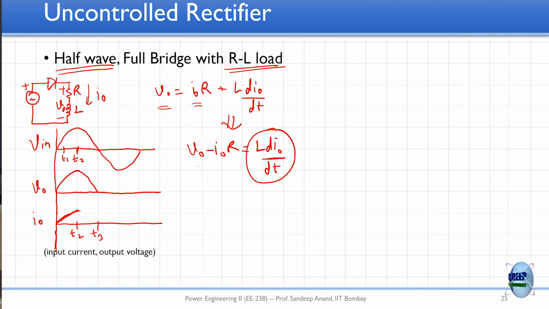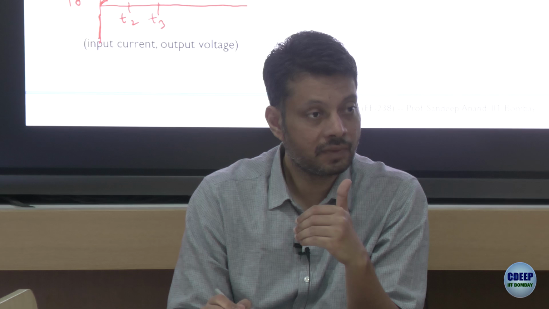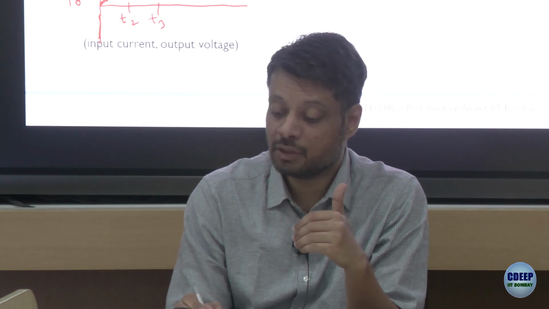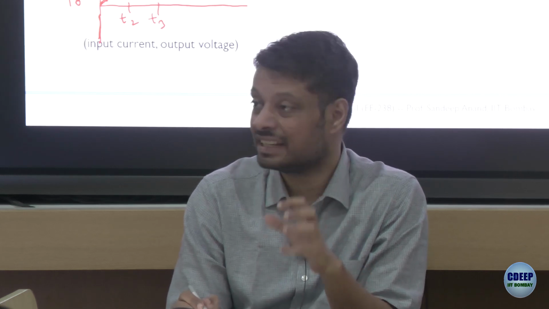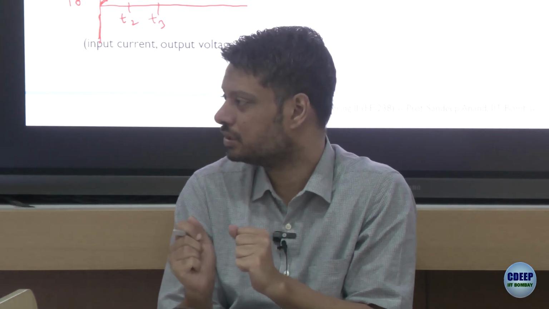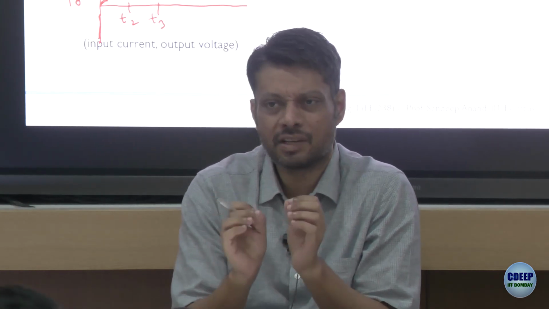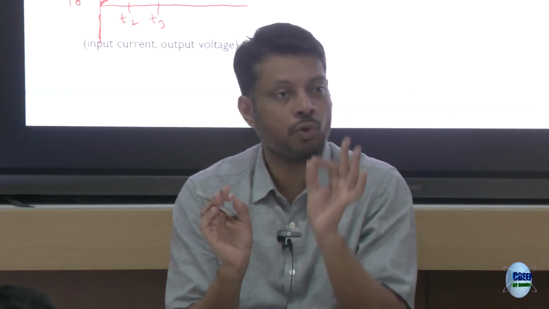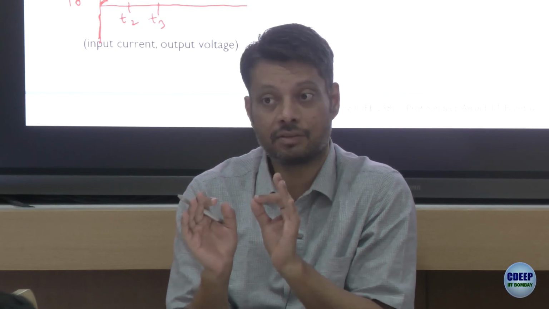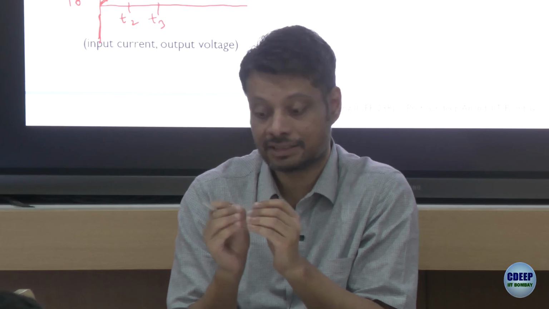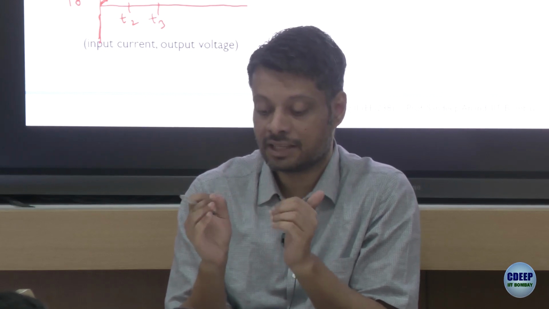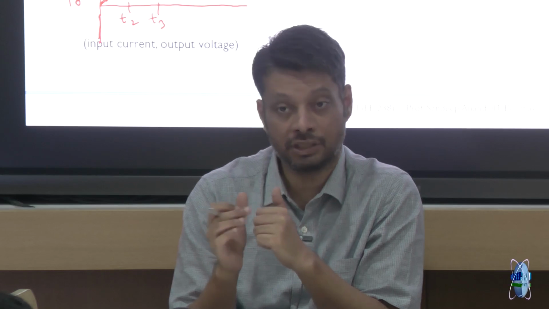Now at this instant, the output voltage is reducing, and current may or may not be reducing, because as a large inductor, it will take some time for the current to reduce, right? It will not suddenly reduce. So if you assume that immediately after T2, the voltage has dropped a little bit, but the current is more or less the same, in that case V naught minus I naught R will be negative and your current will start reducing.